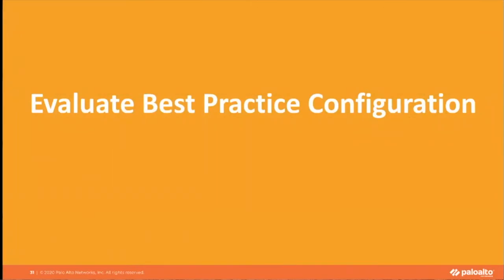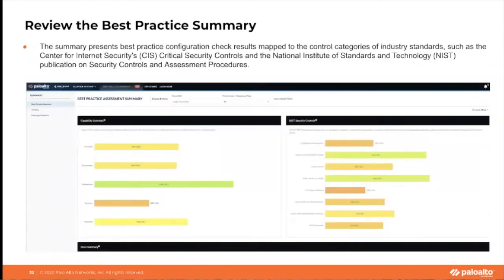Evaluate your best practice configuration. As I mentioned earlier, there are two sections of the reports: heat maps and best practice assessments. When you change the view from the heat maps to best practice assessments, you can see the best practice summary.